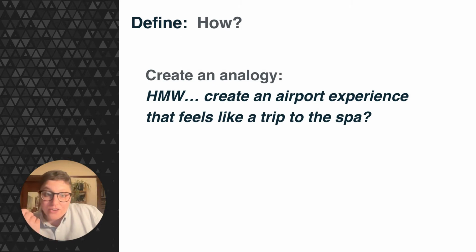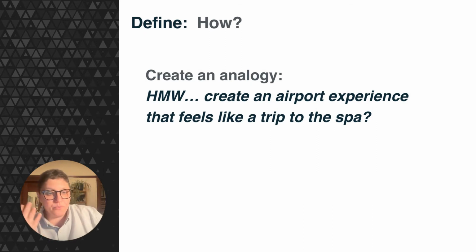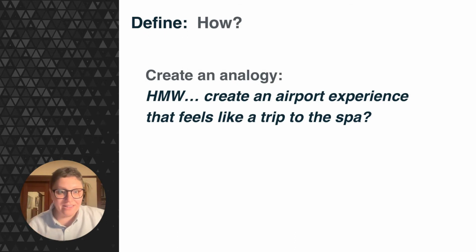Creating an analogy. Analogies can be incredibly powerful for helping us get inspiration about a problem and bring a new kind of thinking to it. So in this case, how might we create an airport experience that feels like a trip to the spa? We know that going to the spa is relaxing, it's rejuvenating. We know that for most people, going to the airport is not those things. So how could we bring elements of the spa experience into the airport to make it more relaxing?